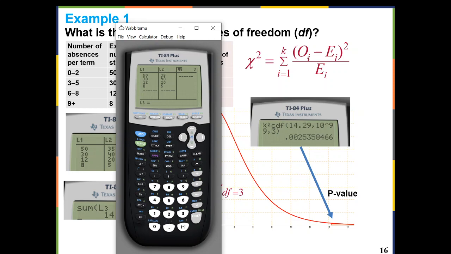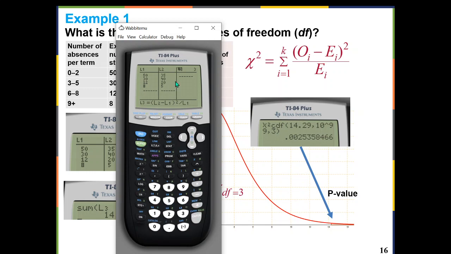The formula says observed minus expected squared divided by expected. So I move the cursor on the title of L3, and I put parentheses. Now, remember which one was observed? It was L2. I'm going to put L2 minus L1, and then squared, then divided by what? By expected, which is L1.